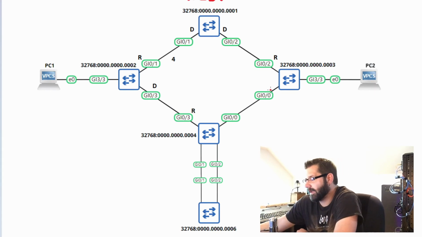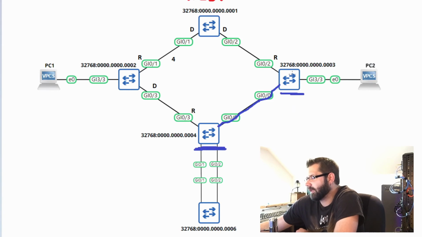So the way I look at it is, this link right here, let me select a different color. This link right here is between this switch and this switch.